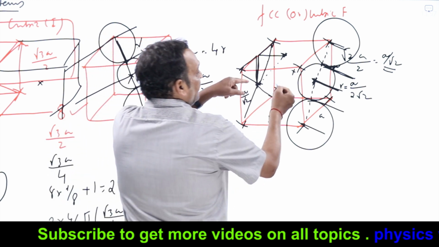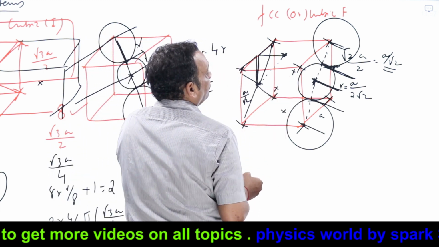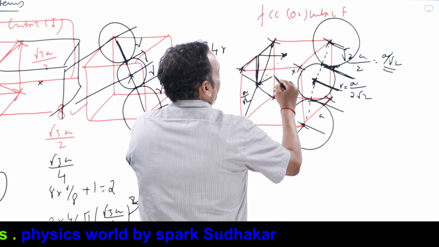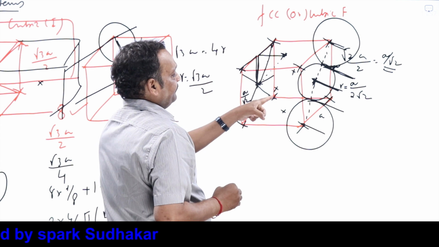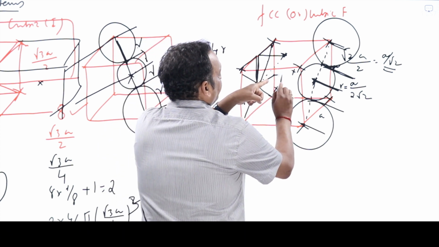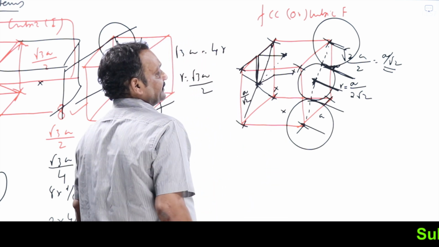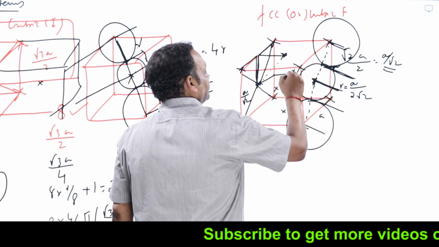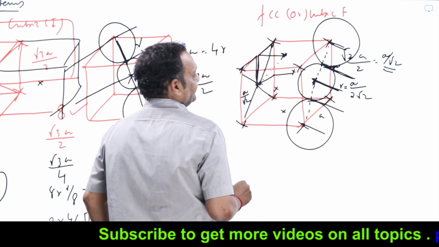Similarly, the back face centric lattice point. How do I go to the back face center? I will go along the z axis by a by 2 distance, and then a by 2 distance more, so this distance will also be root of a by 2 whole square plus a by 2 whole square, that is a by root 2 only.